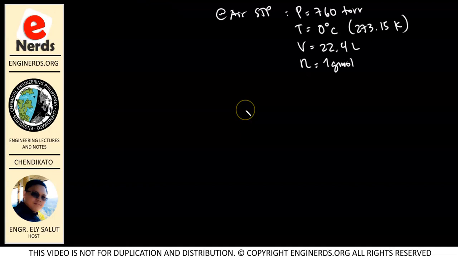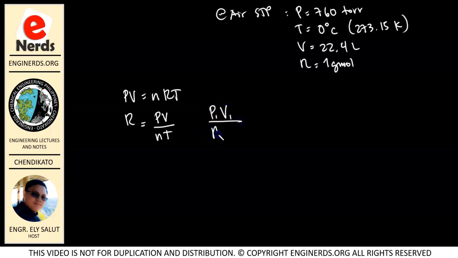Okay, alright, so we know in our ideal gas that we have PV is equal to nRT, right? Our R here is our universal gas constant, which is R is equal to PV over nT. Okay, so our R is constant at any given condition. So we could have P1 V1 over n1 T1 is equal to P2 V2 over n2 T2, right?